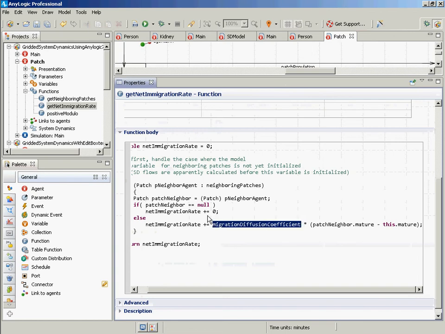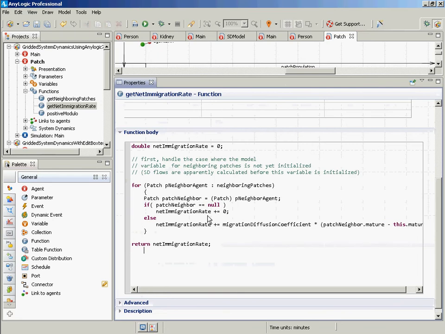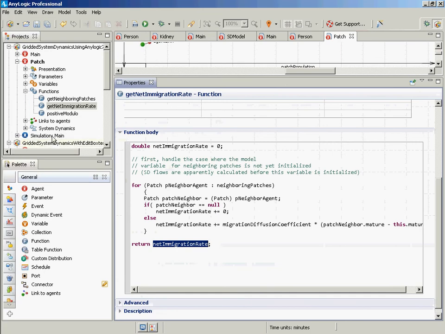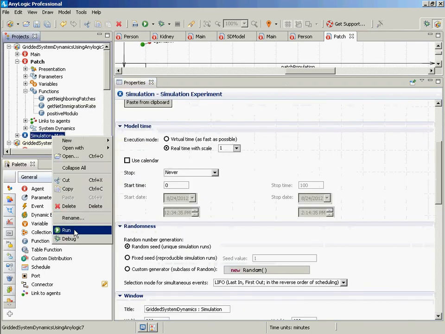This might depict something like sea lice, spread within the ocean via the ocean currents. If you have a lot of them in one area, they'll tend to diffuse into other areas. So we have this migration coefficient. We total that up over each of our neighbors, and we return the rate at which they come into our patch.